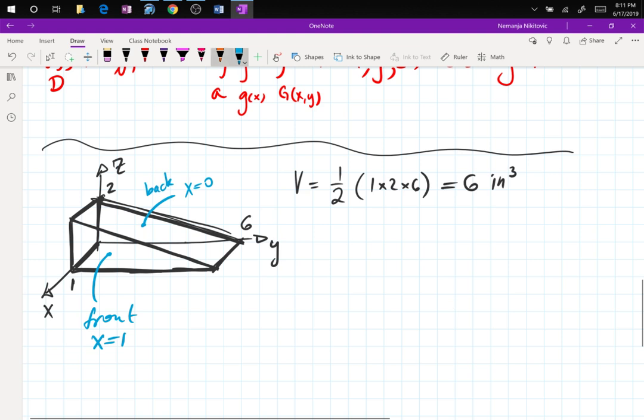Then I have the orange one here, which is the top piece, and that's y equals 0. Then I have the bottom of the object, and the bottom of the object is z equals 0. And finally, I have the surface which is a slanted plane, which we have to figure out.